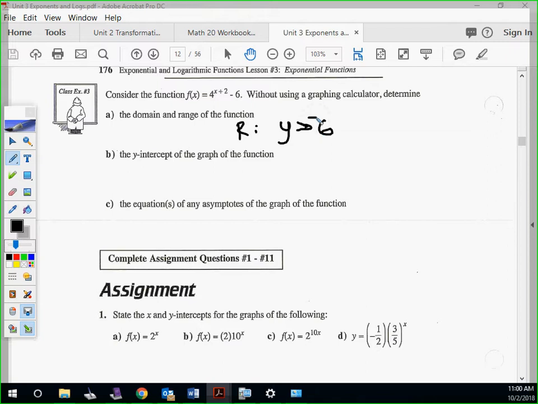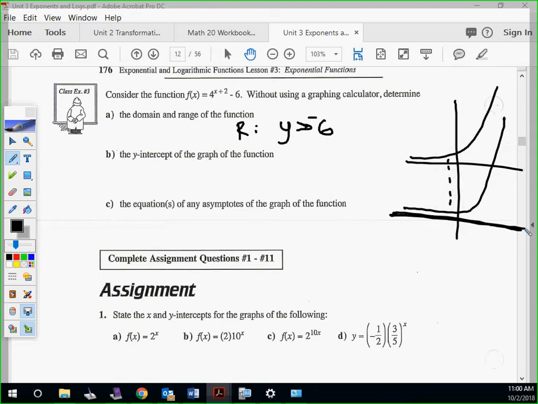Negative 6, good catch. Because it's normally 0, but we move this graph down 6. So now our range is bigger than negative 6. If you think about this, if we have an exponential doing this, we move it down 6. It's not doing this. This is now the line that's the range that we're above.